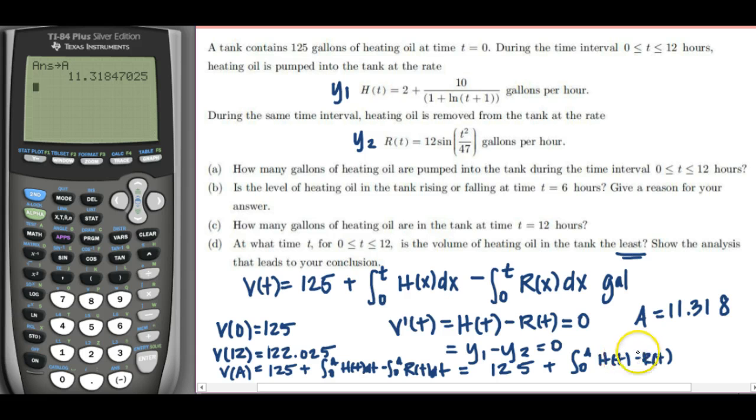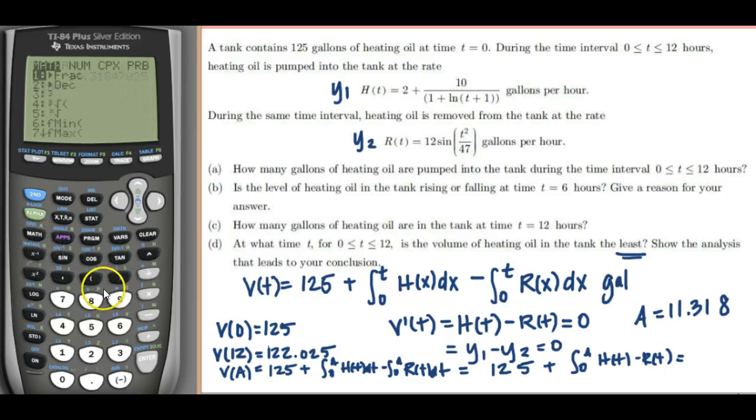Well, we called that in our calculator y3. So I'm saying that so that right now when I enter in my integral, it'll be a little bit faster to say plus, and then math 9, the integral from 0 to A of y vars, and then y3. So y3 was y1 minus y2. So I can do that instead.